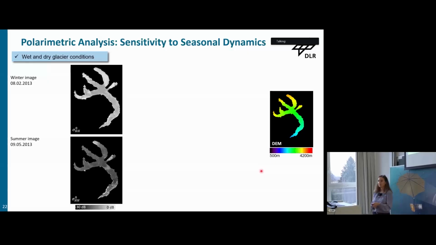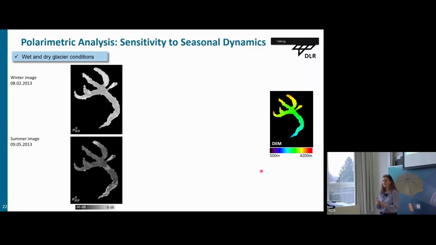Let us have a look at why we have a change of radar backscattering intensities. In principle, we have two conditions: a winter condition and a summer condition. In the winter condition, you have seen we have high scattering ongoing because we in principle penetrate into the volume, and then you get volume scattering, which is much stronger.